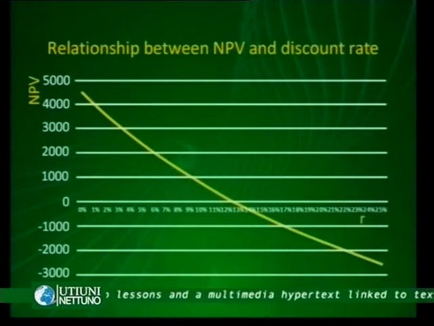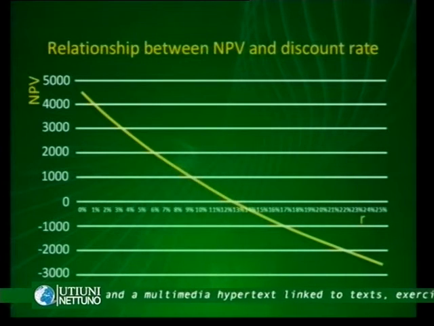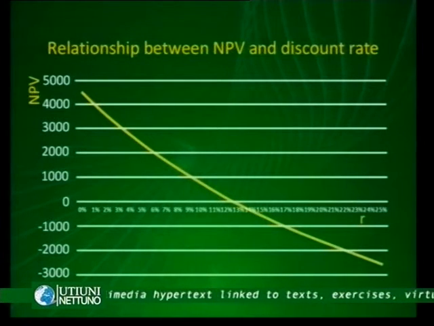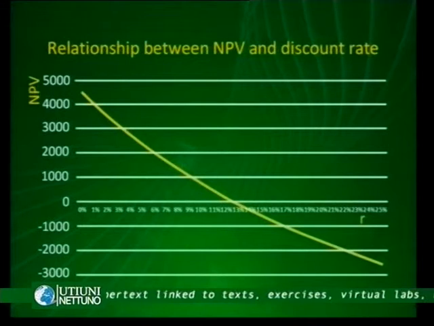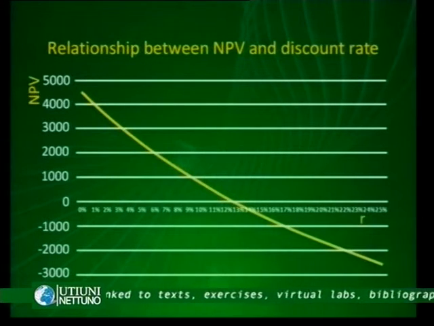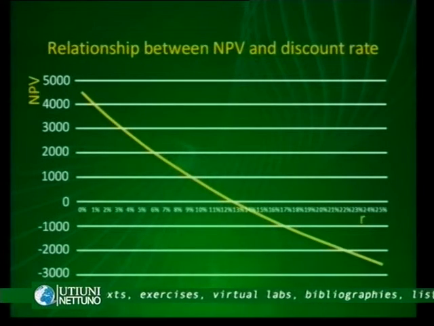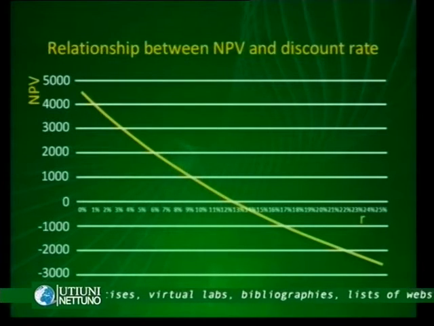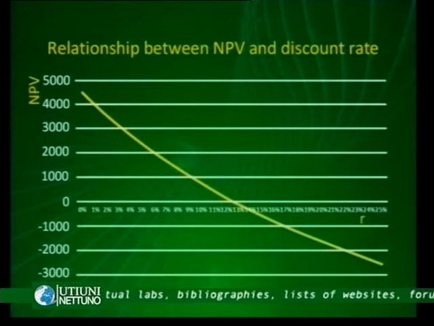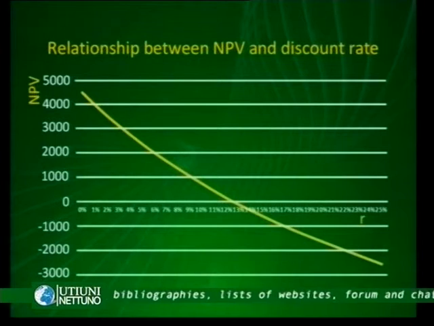So in this slide, we can show that there is a decreasing relationship between the NPV and the discount rate. This comes from the formula of the NPV, because when R increases, the discount factor for each cash flow decreases.